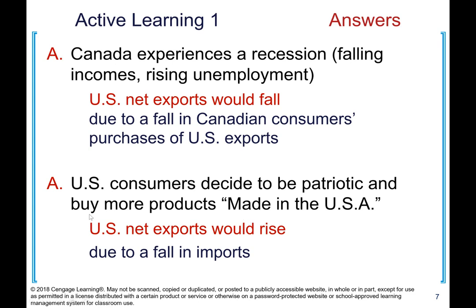Number B, when US consumers decide to be patriotic and buy more products made in the USA, US net exports would rise as US residents buy made in the United States. And that means imports will go down.